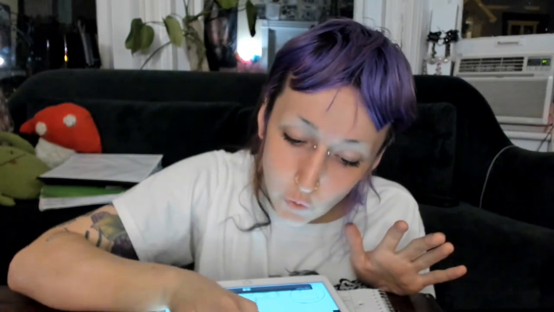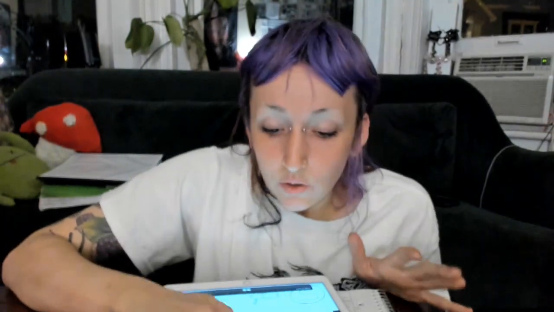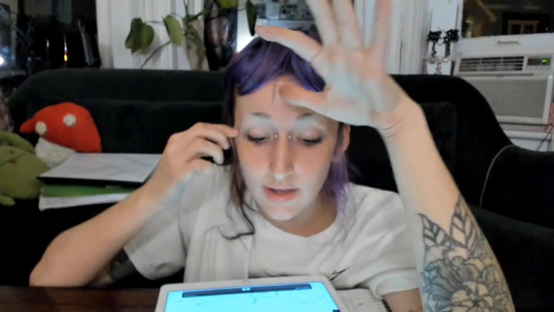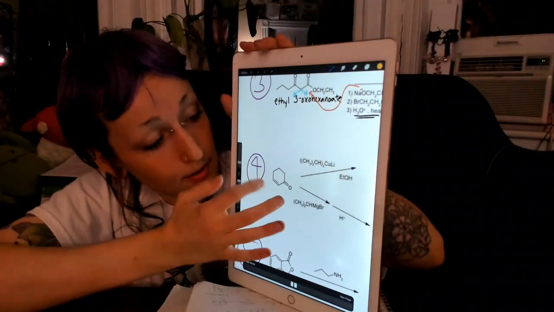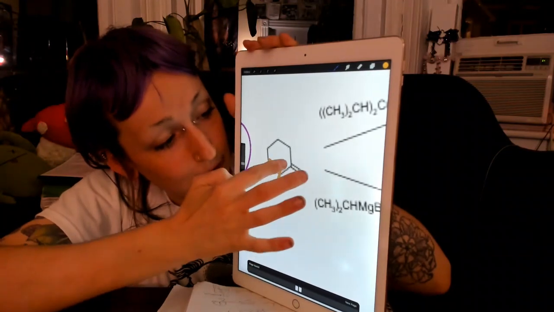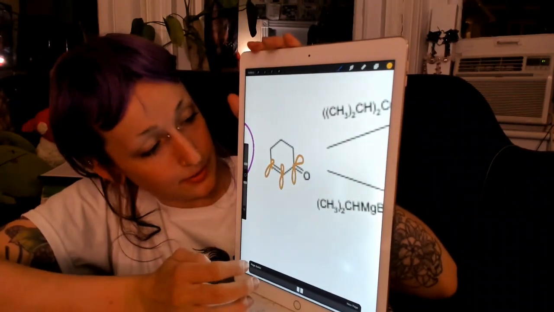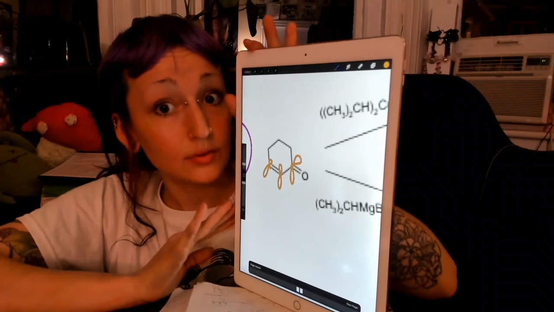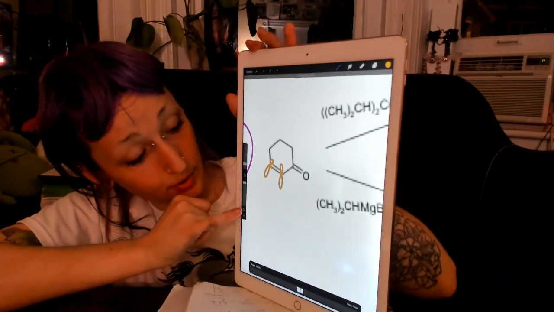For number 4, looking first at the product, we have a sort of conjugated system, right? I have a pi bond, a pi cloud, I guess I could draw it like this. That's probably important.